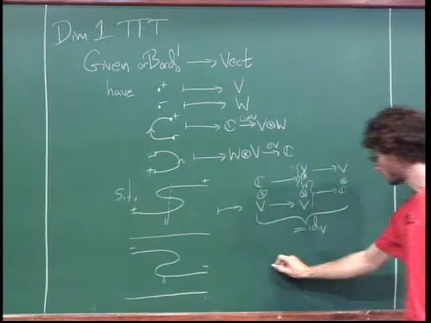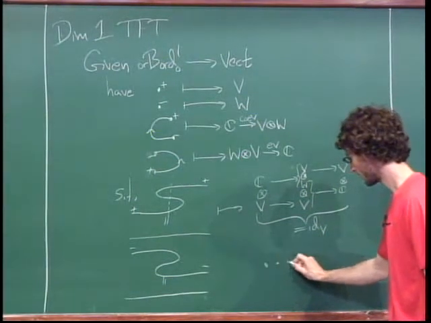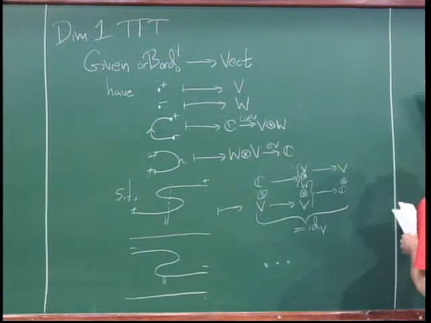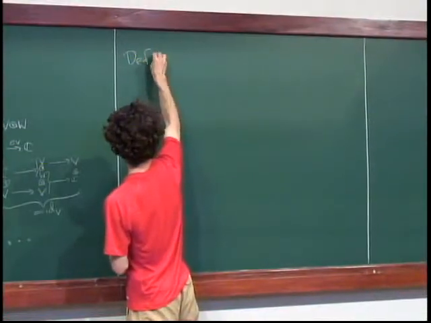And similarly, I won't write it out, but you can write down the corresponding equation for W. And this basically encodes exactly the notion of W being the dual vector space to V. So let me write that down.